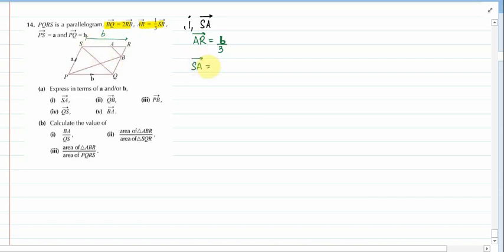How? The total vector SR is B, AR is B upon 3. So if you subtract these two, you will get 3B with the LCM minus B divided by 3, and the final answer is 2 over 3 B, that is the vector SA.